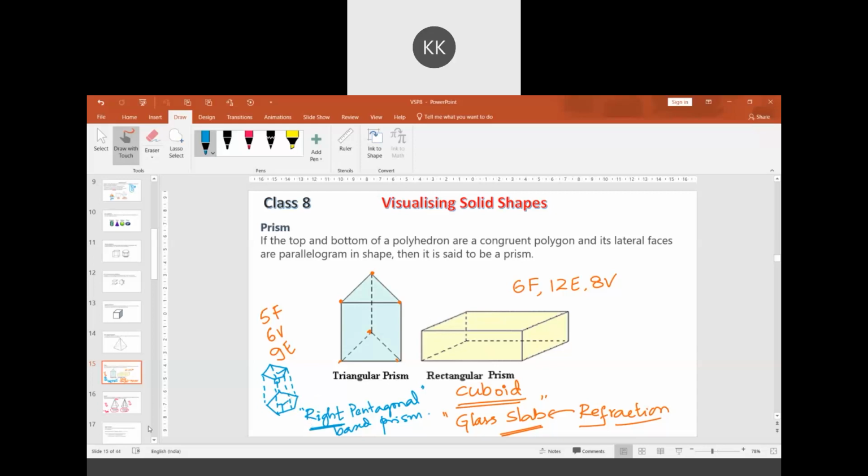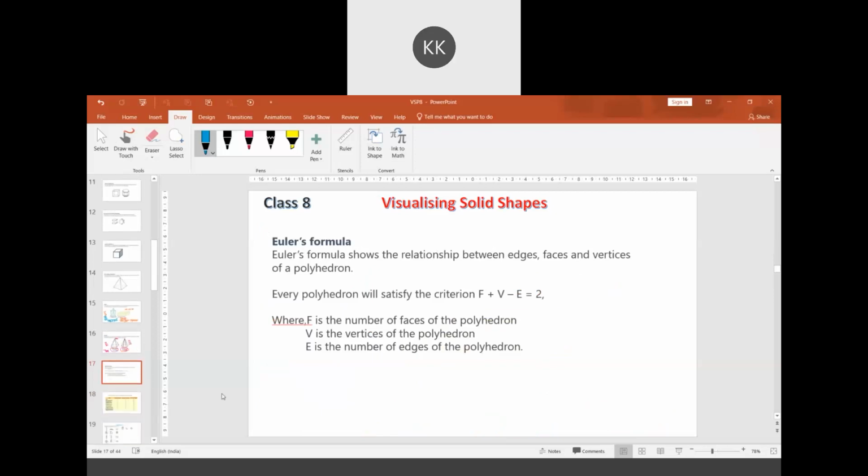Okay, moving further, there is something called Euler's formula. This formula gives a relationship between the edges, faces, and vertices.